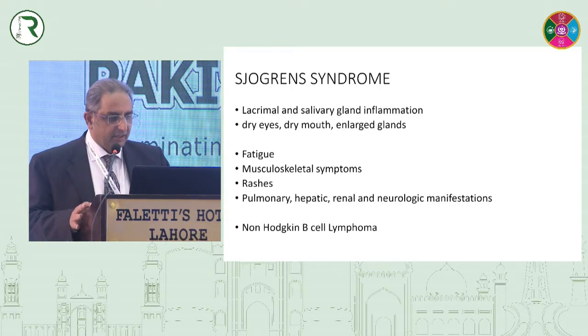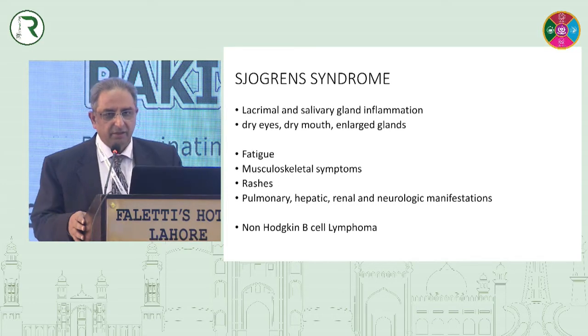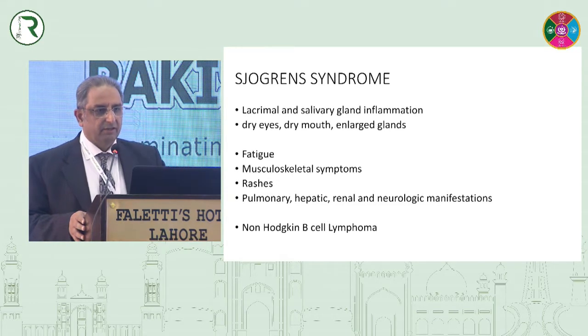It is a condition of lacrimal and salivary gland inflammation, characterized by dry eye, dry mouth and enlarged glands. Dry eye and dry mouth are fairly common symptoms in general practice. Not everybody has that, but the threshold in ophthalmology, oral medicine or dentistry is there to screen for Sjogren syndrome if characteristic findings occur.